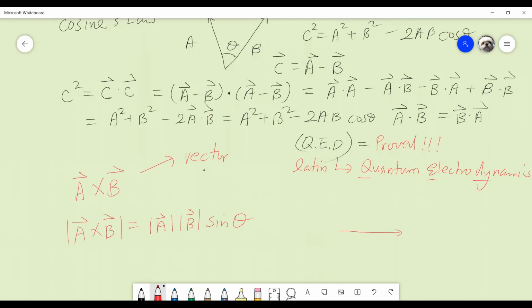Now let's say I'm going to draw A like this, and B like this. So A cross B, right? Then you swap from A to B, and then the direction will be perpendicular to A and perpendicular to B. So what does that mean? Let me draw it a better way.